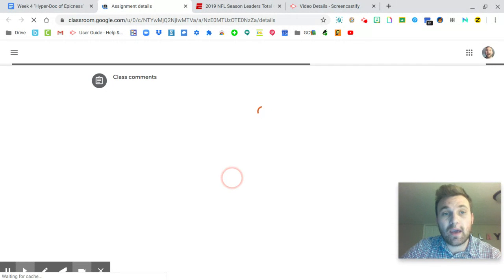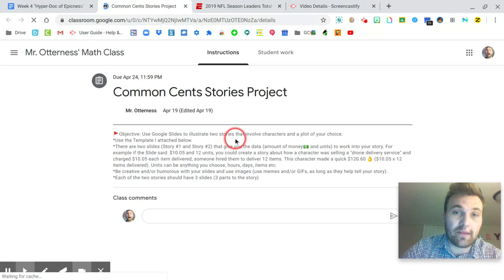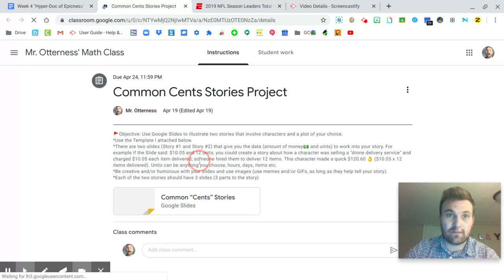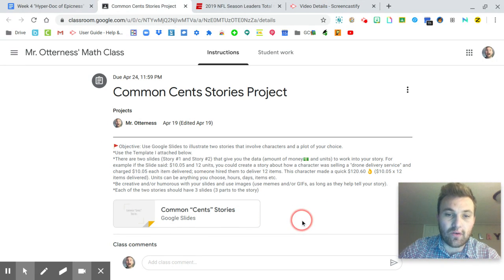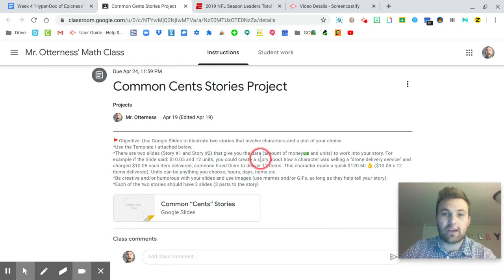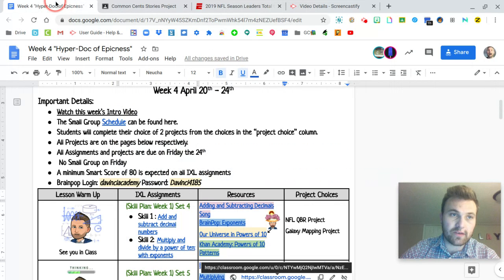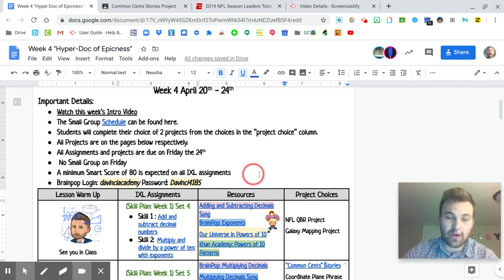It's going to be located in the same area that this hyperdoc is located, but here are all the directions. Okay, bring you right to here, gives you the directions, gives you the template to create your Google slide telling stories about money. All right, be creative. All right, so there's that, and that's pretty much it for the week.